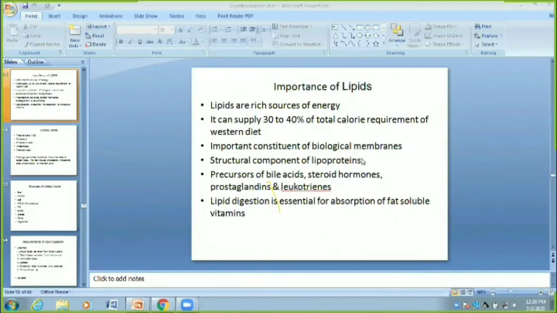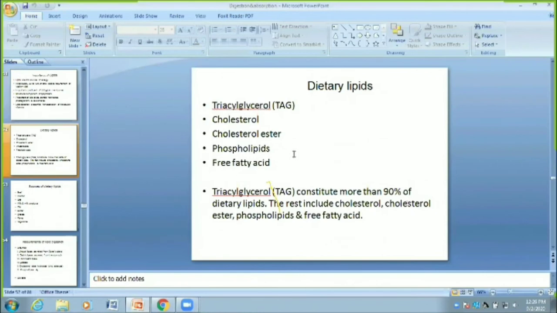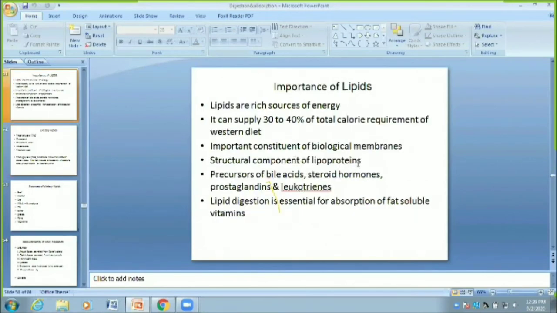Biological membranes are constituted of lipids, and lipids are the main structural components of lipoproteins. Then again, cholesterol is the precursor of bile acids and steroid hormones.